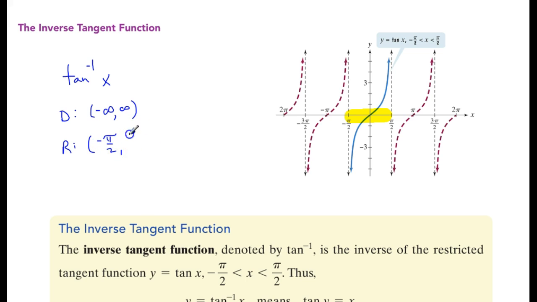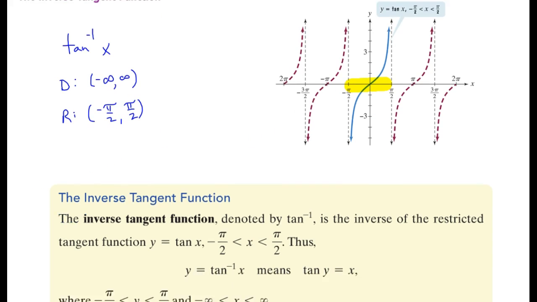So negative pi over 2 to positive pi over 2. And notice this time we are restricting this because we do have vertical asymptotes here, so we do divide by 0. So we have parentheses, meaning those parts are not there.